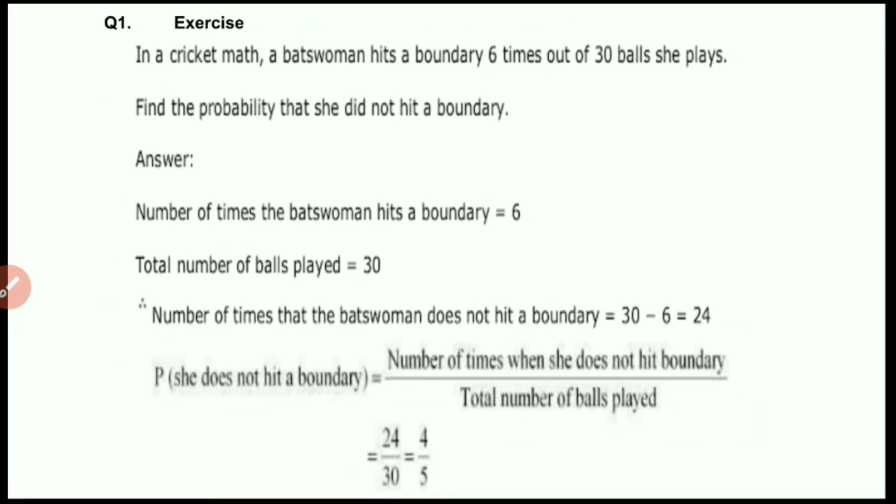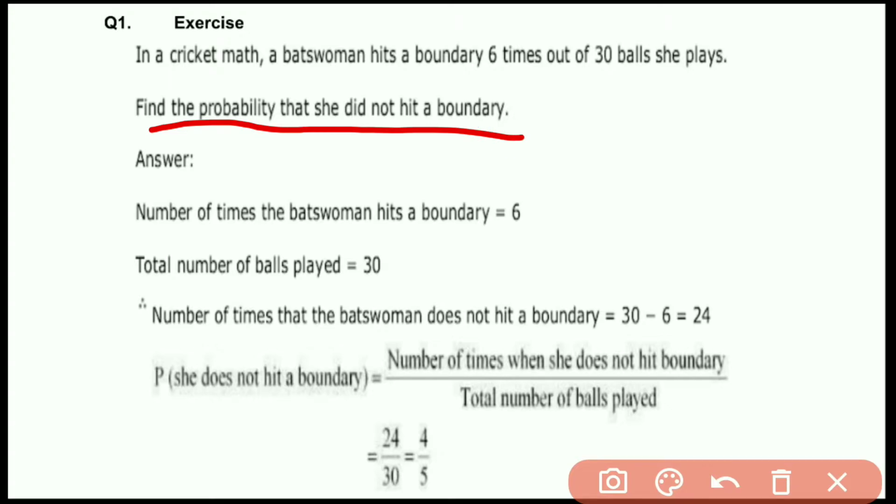In the first sum, you can see, children, that in a cricket match, a batswoman hits a boundary 6 times out of 30 balls. A total of 30 balls are being played by the player. The question is asking you to find the probability that she does not hit the boundary.